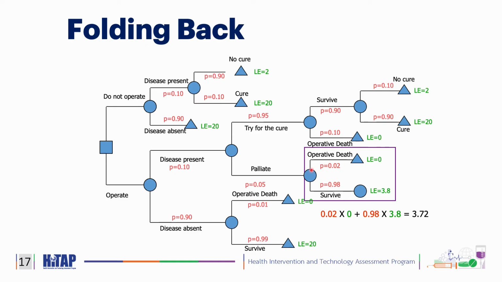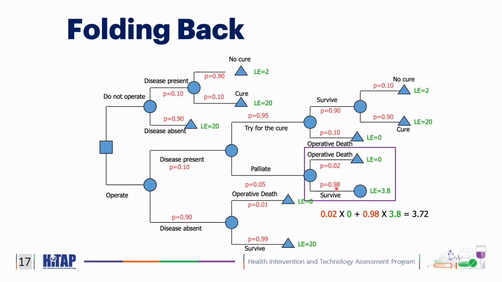For example, here, the probability of the patient in the palliative stage being dead or surviving would be 0.02 for death, with a life expectancy of 0. So this one will definitely be 0, right?